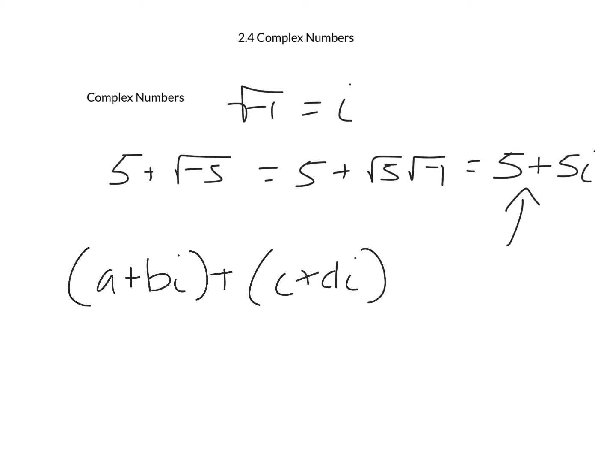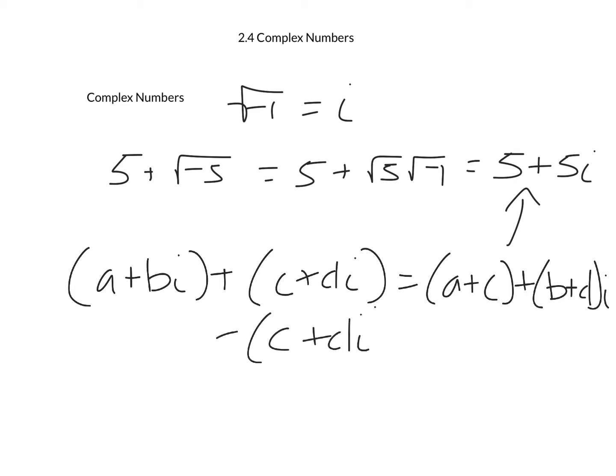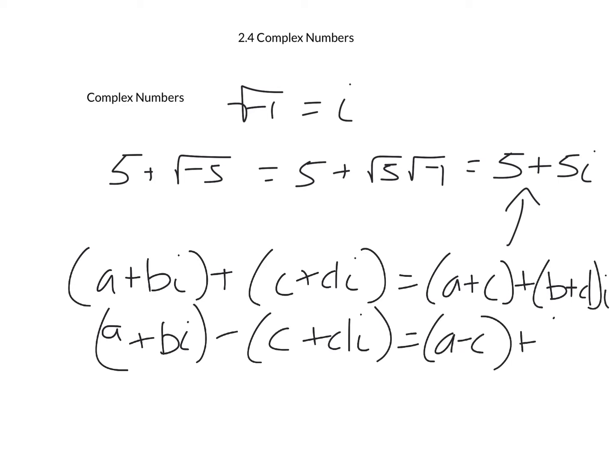We add the i's together and the non-i's together, so it'd be a plus c plus (b plus d)i. And if we're subtracting, it's minus instead. Subtracting will be a minus c plus (b minus d)i.